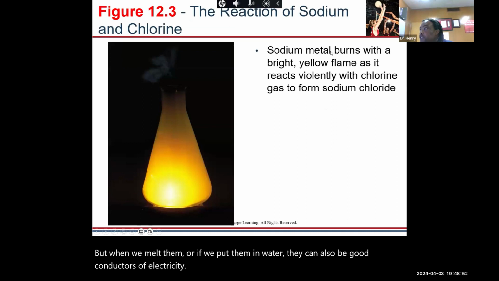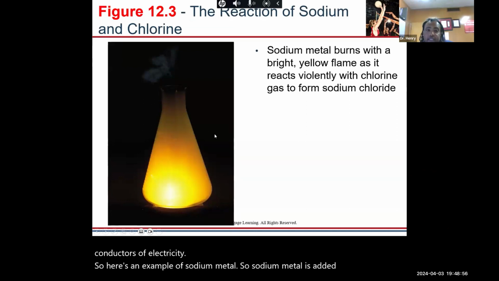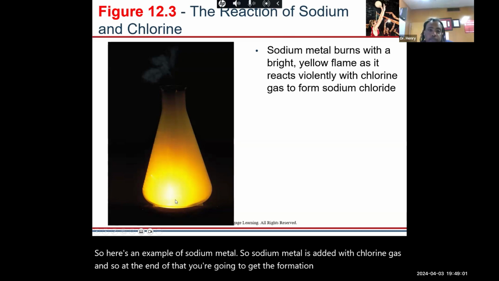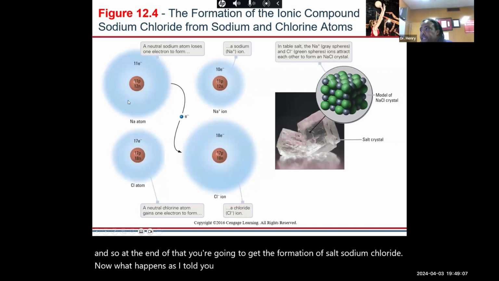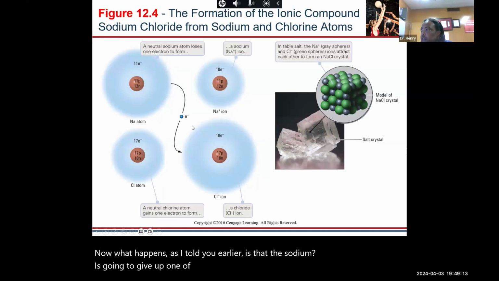So here's an example of sodium metal. Sodium metal is added with chlorine gas, and at the end of that, you're going to get the formation of salt, sodium chloride. Now, what happens, as I told you earlier, is that the sodium is going to give up one of its electrons to chlorine.